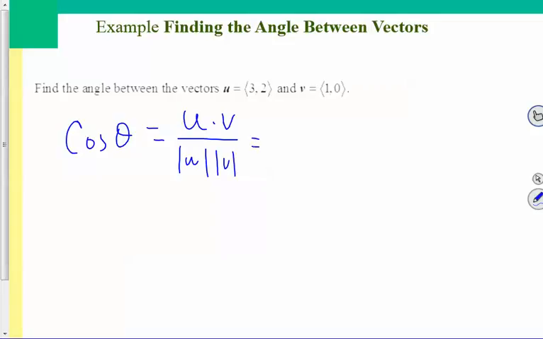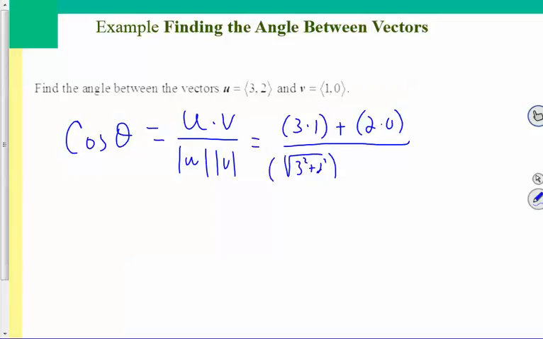The dot product will be 3 times 1 plus 2 times 0, over the square root of 3 squared plus 2 squared times the square root of 1 squared plus 0.